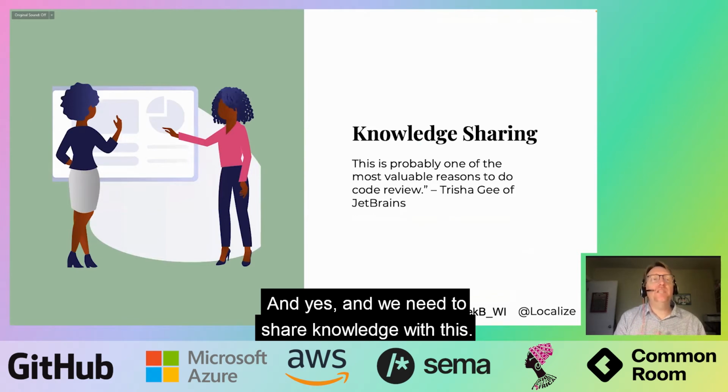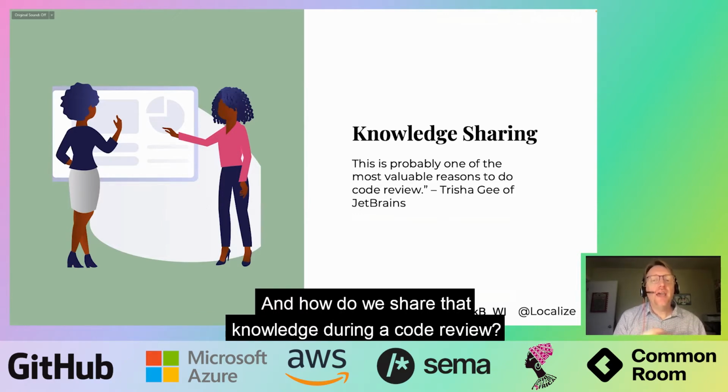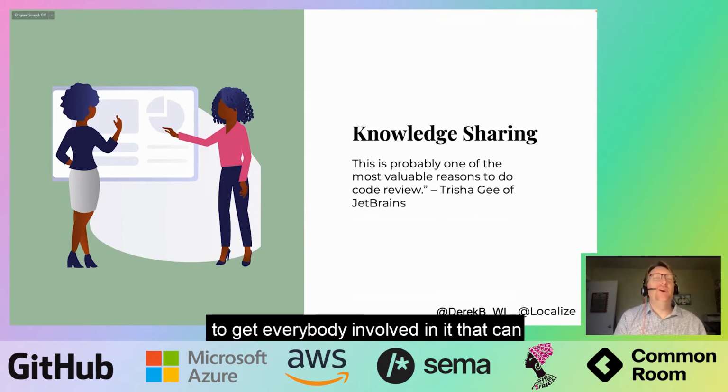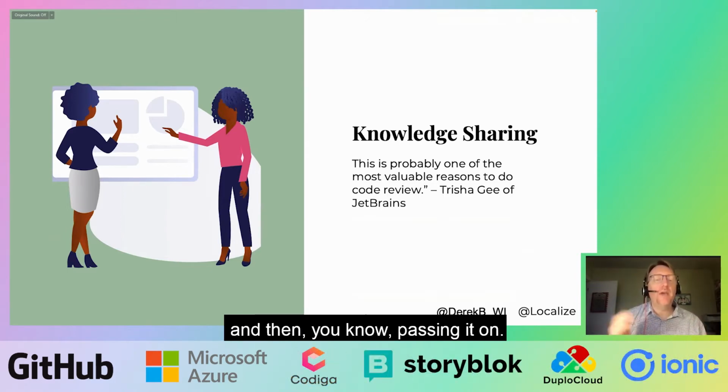And we need to share knowledge with this. That is something that good organizations spend a lot of time focusing on. And how do we share that knowledge during a code review? Well, it's important to get everybody involved in it that can at some level, and not just have it be a manager just looking over things and then passing it on.